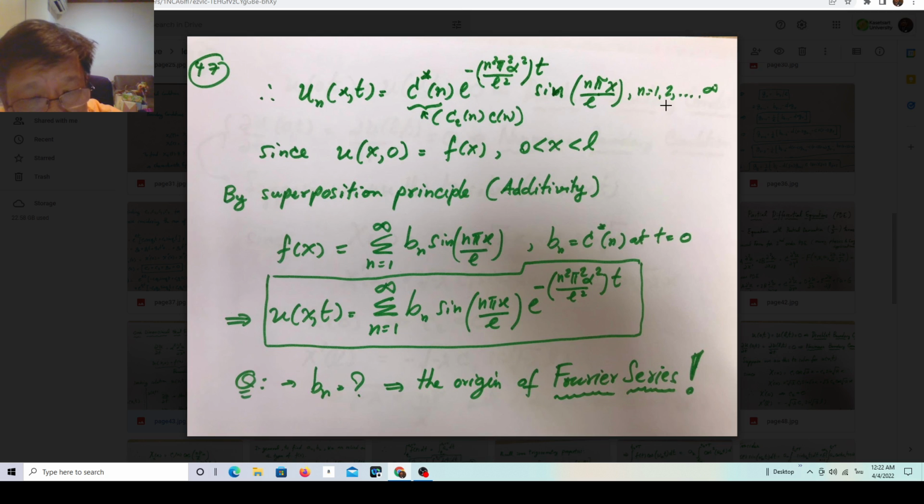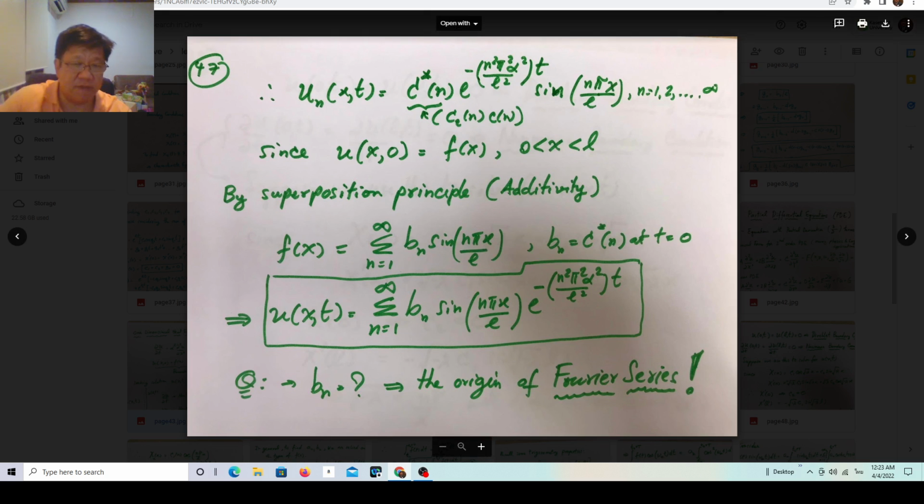You use each of these effects of n in the additive form, starting from n equal to 1 to infinity. You have a constant value that you are looking for, b sub n, and at t equal to 0, sine of n pi x divided by L. So you are using this boundary condition and the superposition principle based on the additive form.